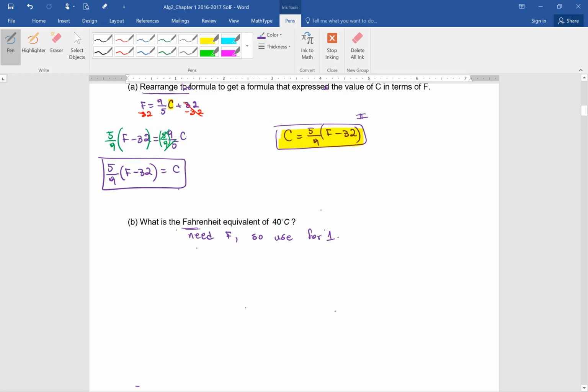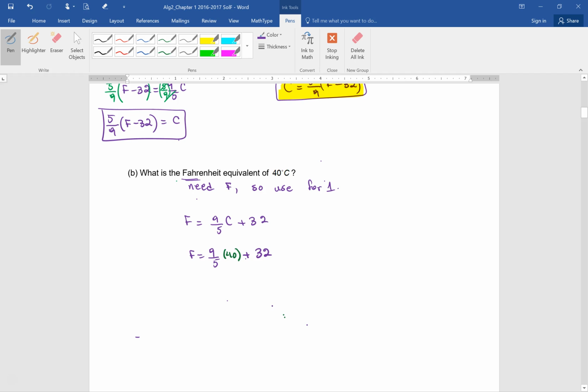All right, so formula 1 says F is 9 over 5 C plus 32. So F is 9 over 5. What do I plug in for C? 40 plus 32. Okay? Again, what if we're on that stranded island and you have no idea if this person has a fever? What are we going to do? Can we simplify these?